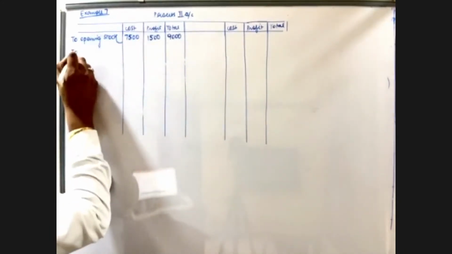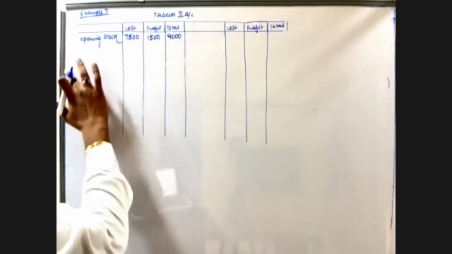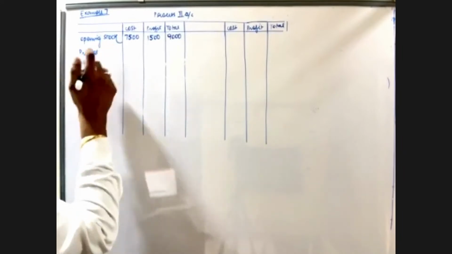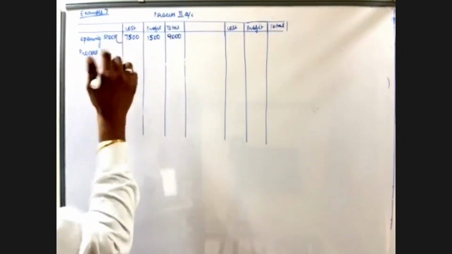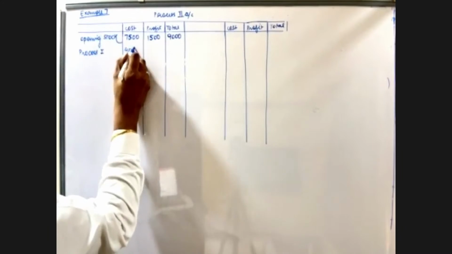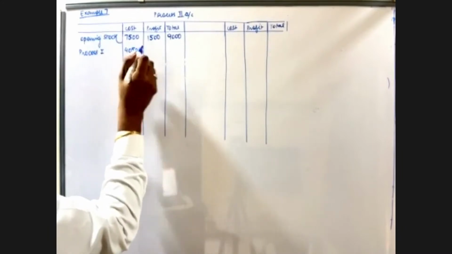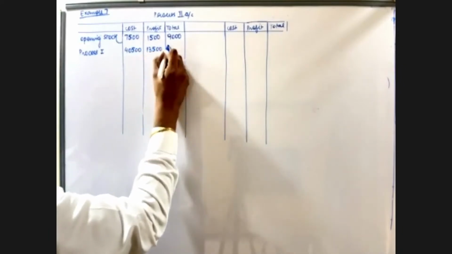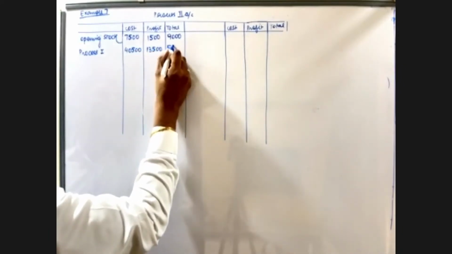Now we will add whatever is received from process first, that is 40,500, 13,500, and 54,000.